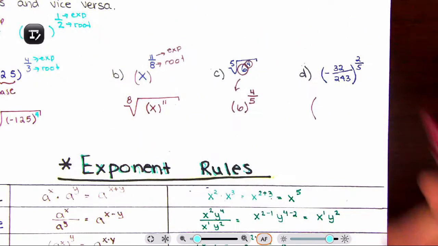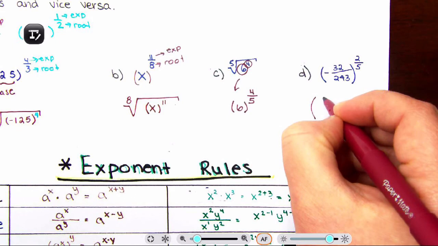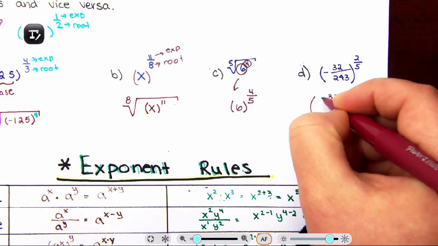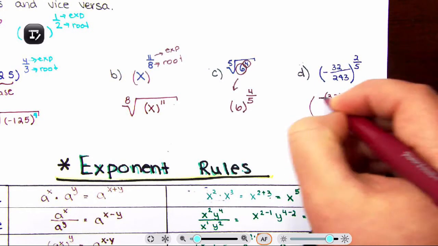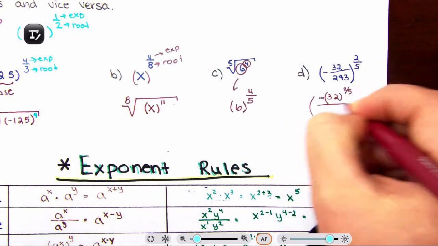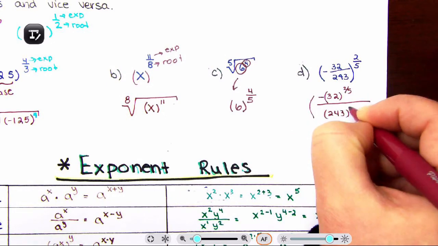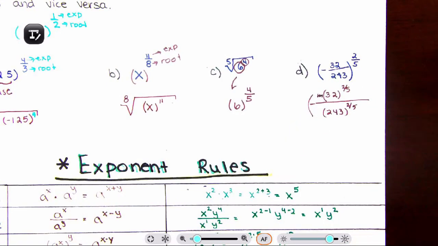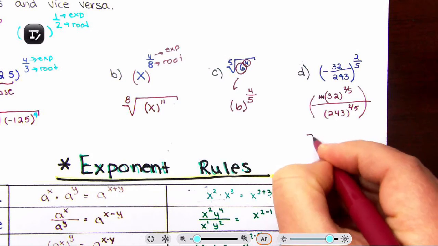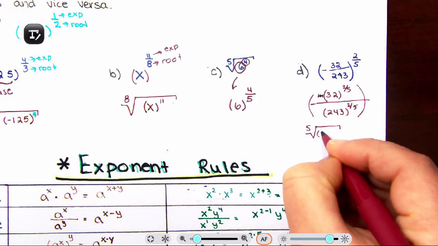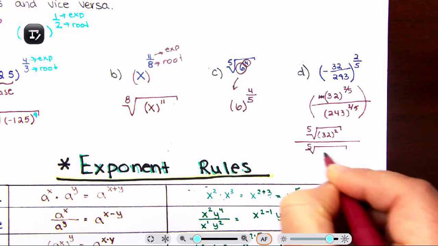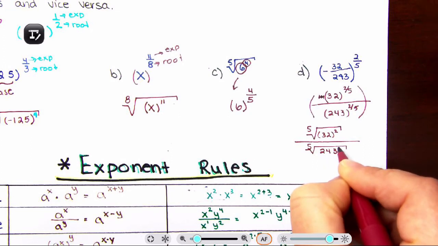So what I really have here is negative 32 to the 2/5, and I have 243 to the 2/5. You can put the negative out in front, that's fine. So what do we have? Here's your exponent. Here's your root. So I have the 5th root of 32 squared, and I have the 5th root of 243 squared.